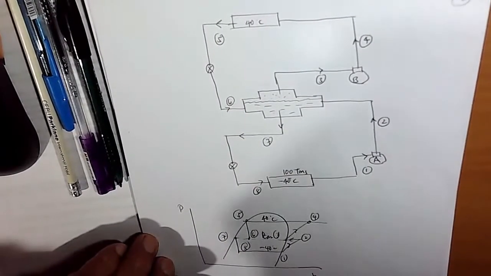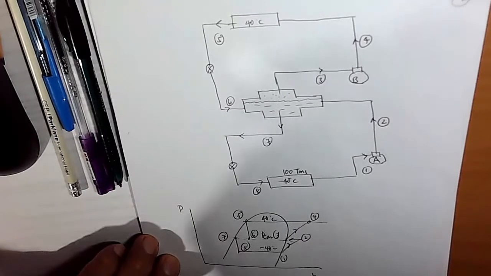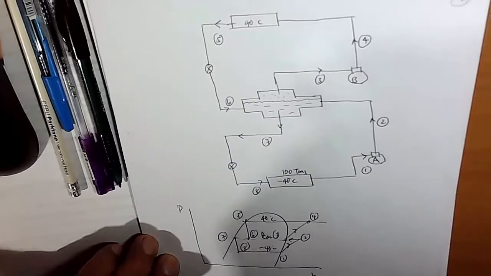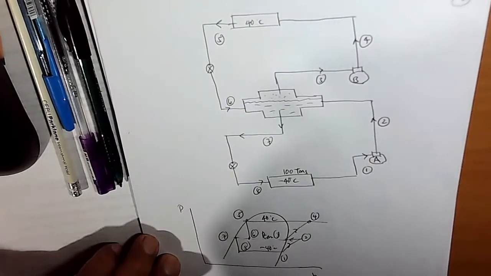Okay, to continue, as I've said, we are going to convert negative 100 degrees Celsius to negative 40, because that is the available data that we have there, so that we can compute this refrigeration system.